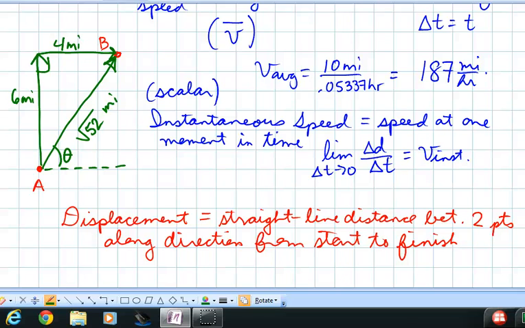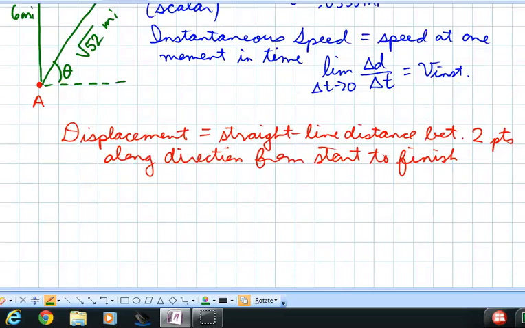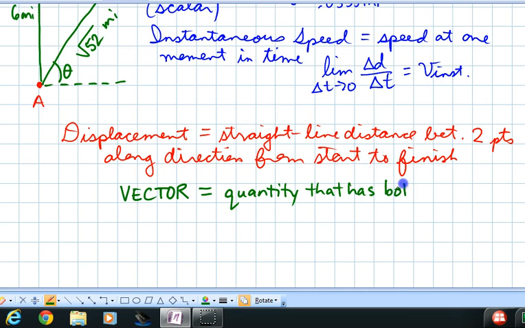So now we're getting into a different type of quantity. We're talking about a vector. And displacement is the first example that we will see of a vector, which is a quantity that has both magnitude and direction.